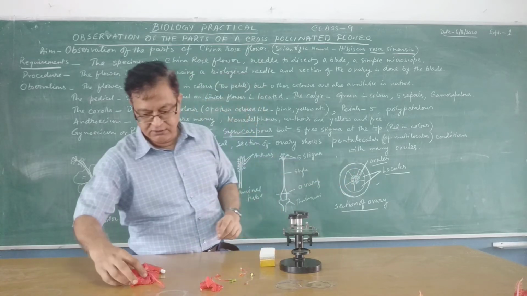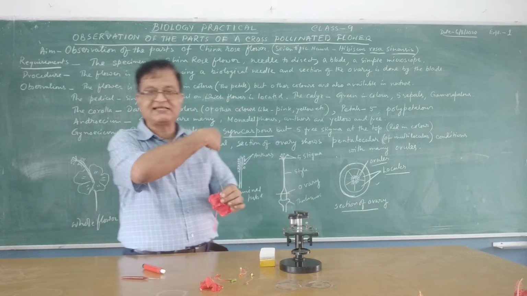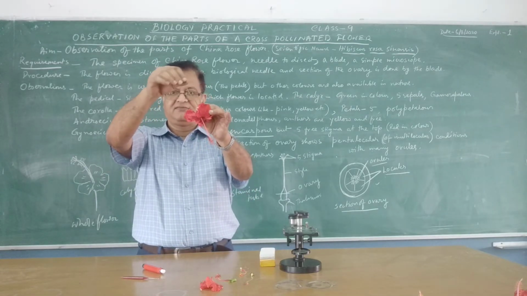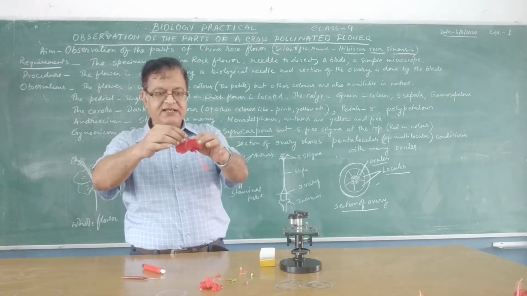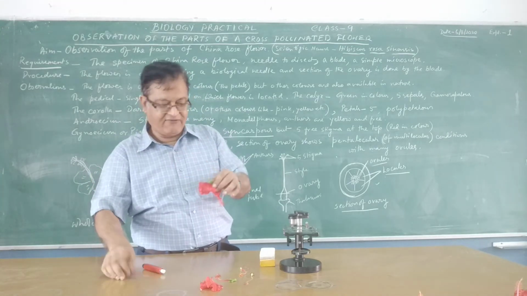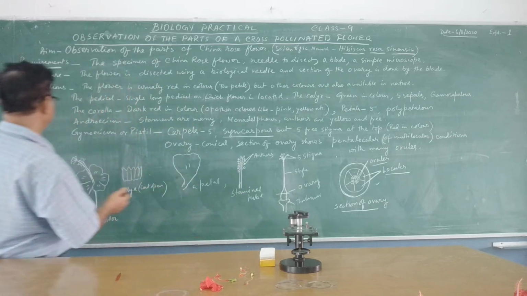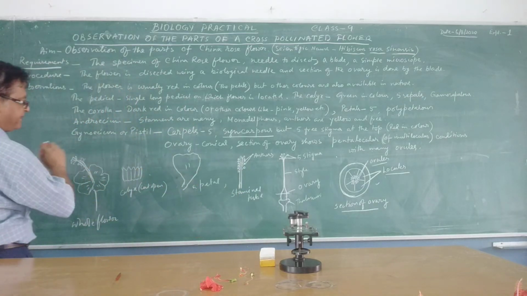Now I will show you the flower one by one as I have described here. This is the stalk, the pedicel, as you have written. Next, there is one more structure that I did not say, the apicalyx. It should also be written here.